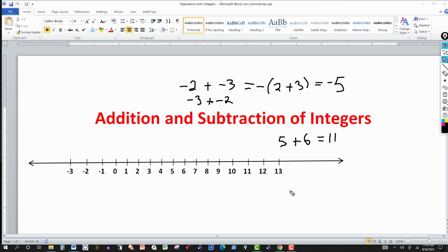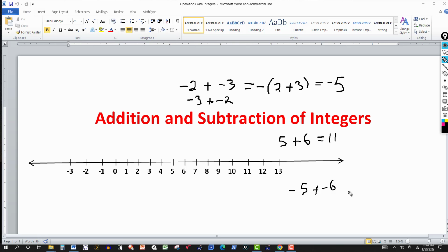Now what happens if we go the other way? -5 add -6. So again, you can start anywhere you want. Let's say you start at 0 and you have -5, so you go 5 units to the left. And then you add a -6, so you go 6 more units to the left, right? So you have 5 and 6.